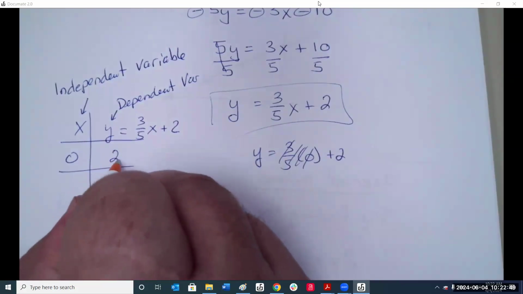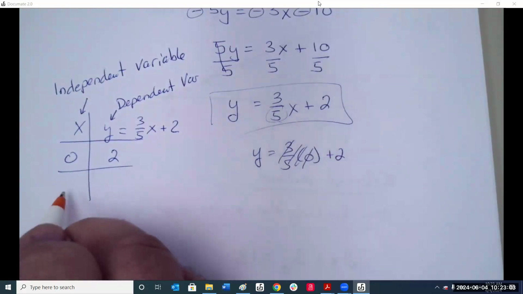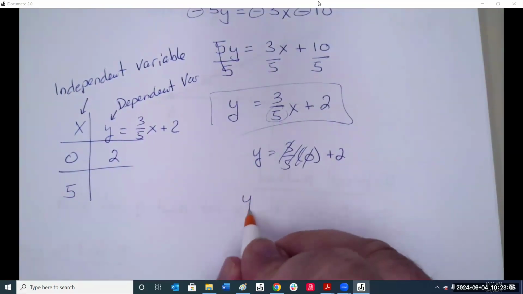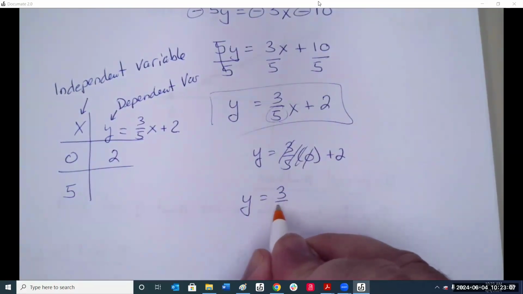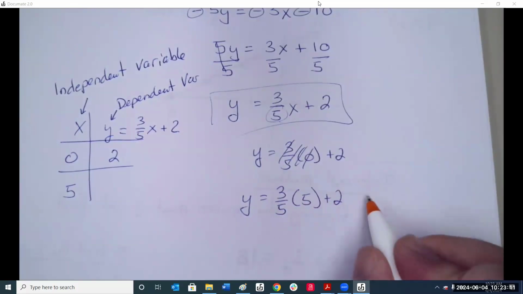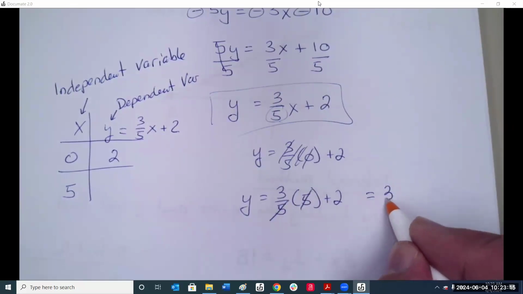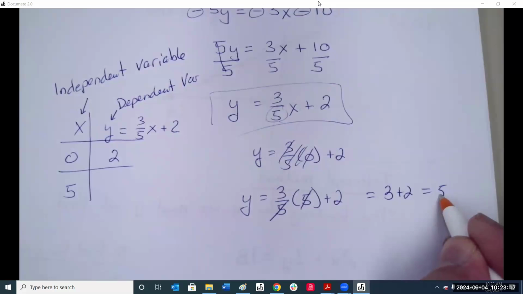So y is equal to 2. What's another value of x we can pick? 5. Yeah, because the denominator is 5. 3/5 times 5, the 5's cancel. 3 plus 2 equals 5.